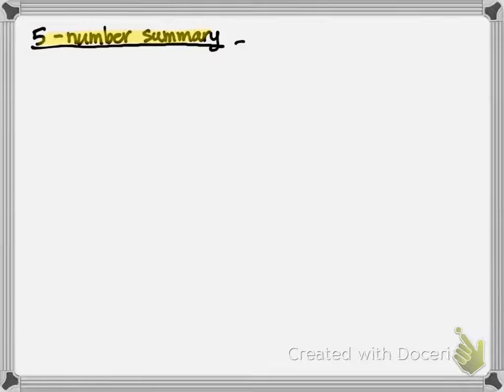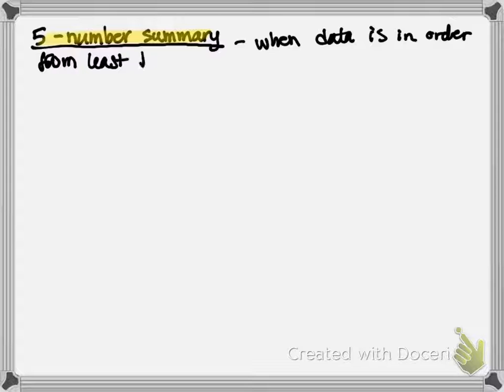Again, data has to be in order from least to greatest. So what does that make you think of? If you did a good job, you'd be thinking about median. So when data is in order from least to greatest, you can find 5 numbers.